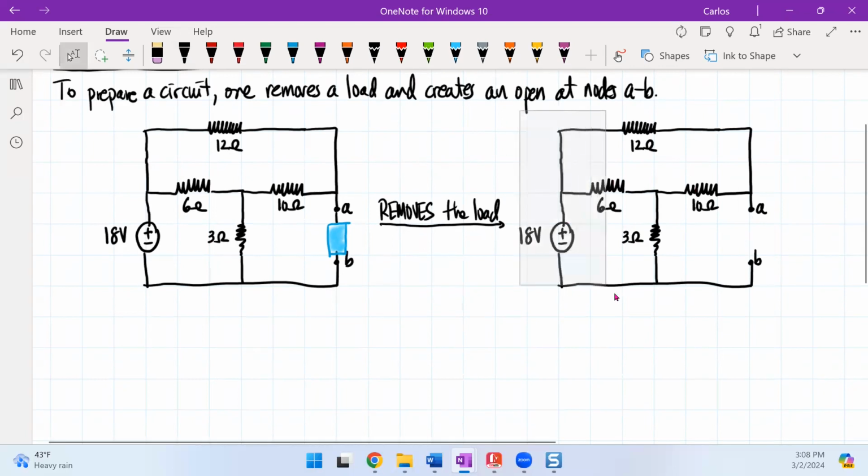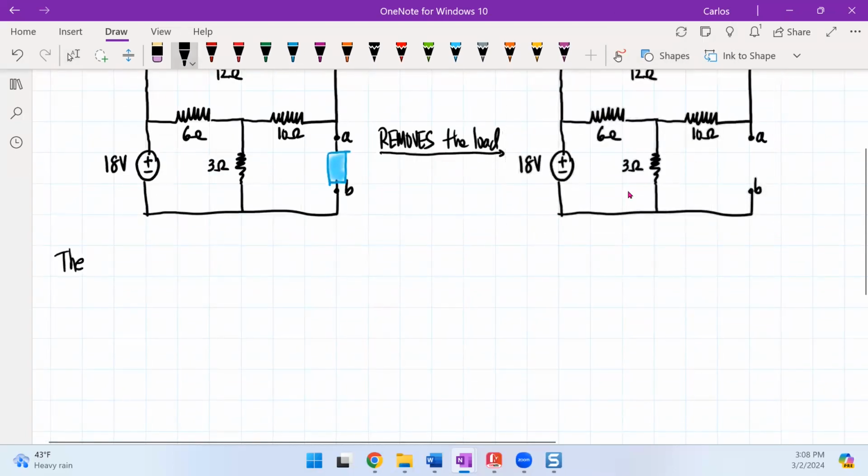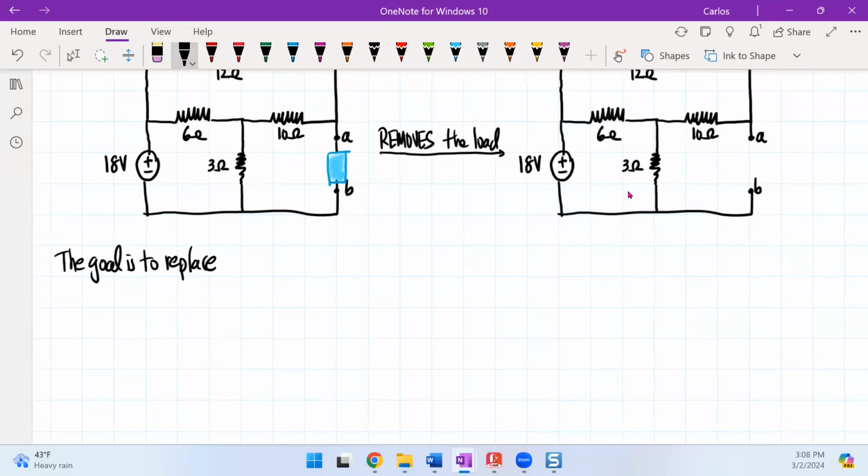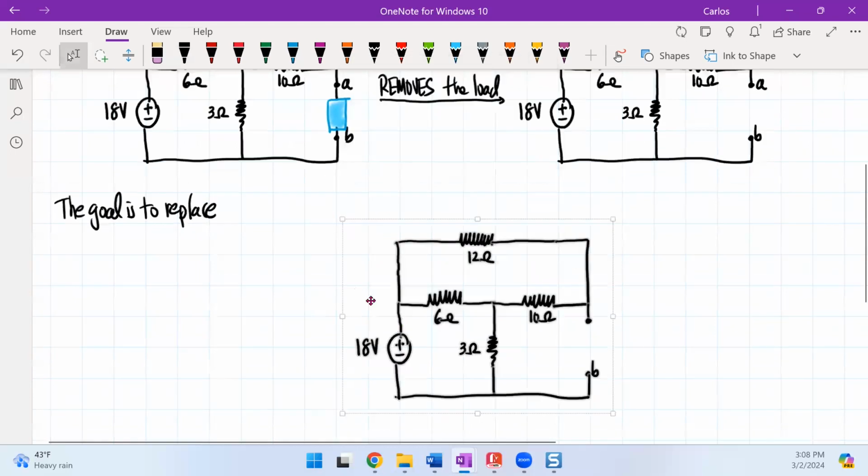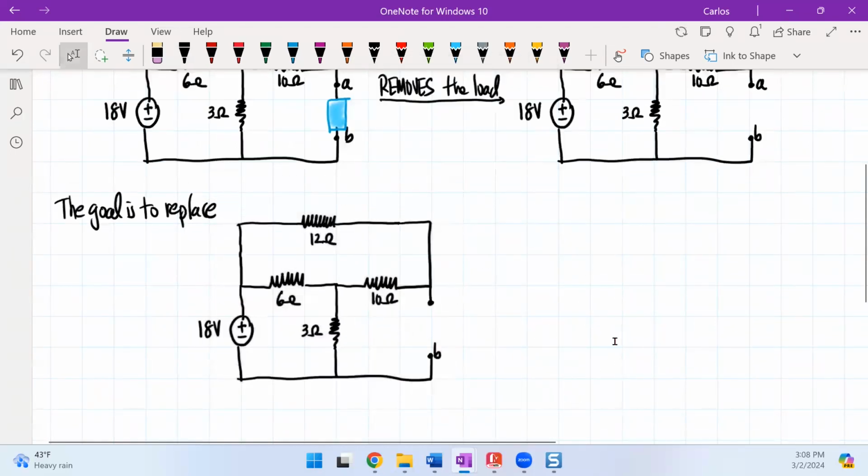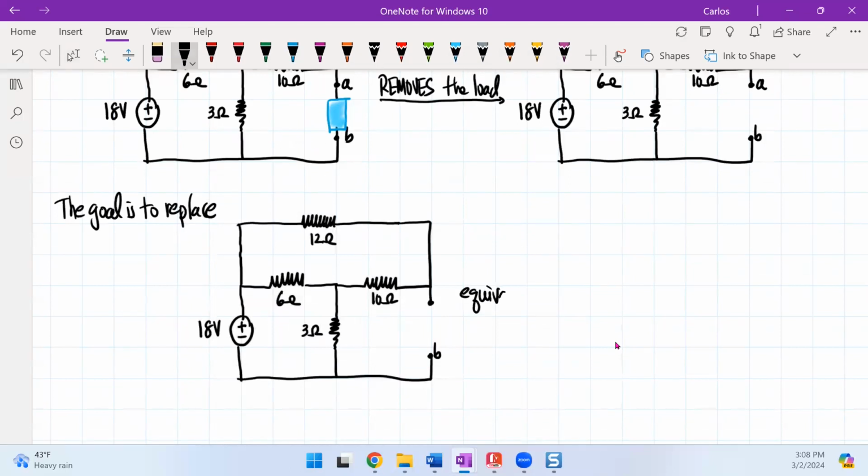So if I look at our circuit here, the goal is to replace this circuit with the equivalent, where now we have a single source and a single resistor between nodes A and B, where this now is RTH and this is VTH.